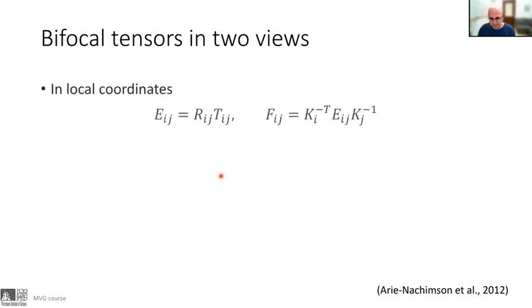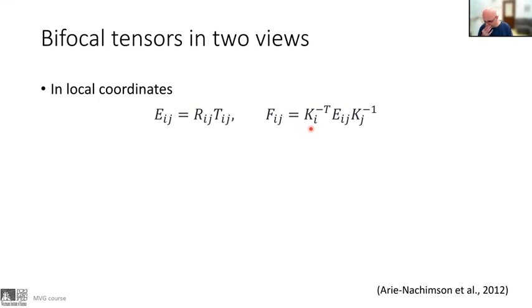So we all know how essential matrices and fundamental matrices factor, right? Essential matrix Eij is rotation times translation, right? And the fundamental matrix, you take the essential matrix and multiply by the inverse of the calibration matrix from both sides, right?